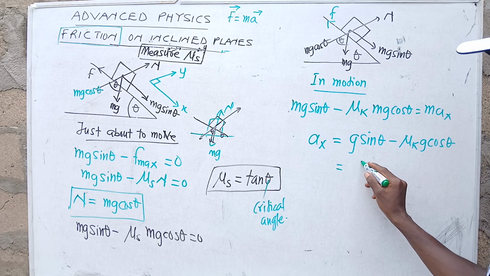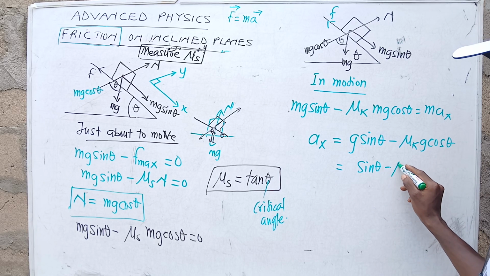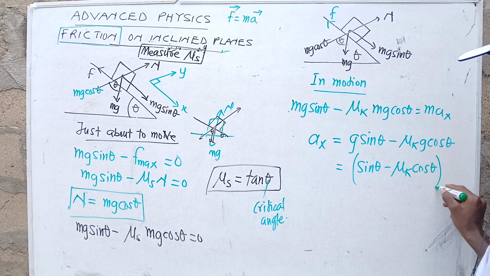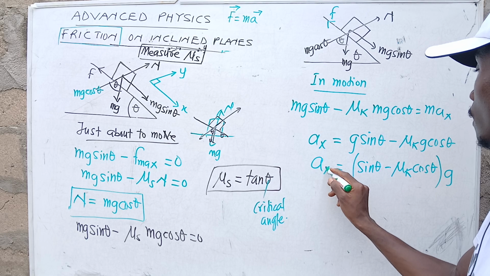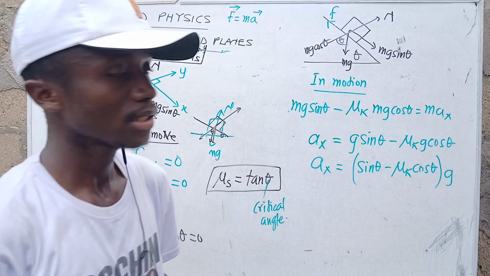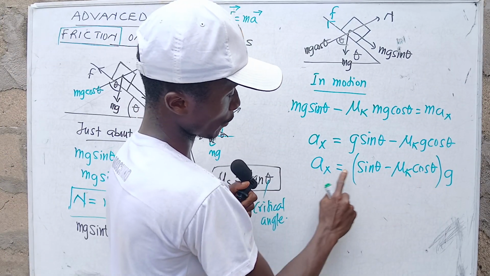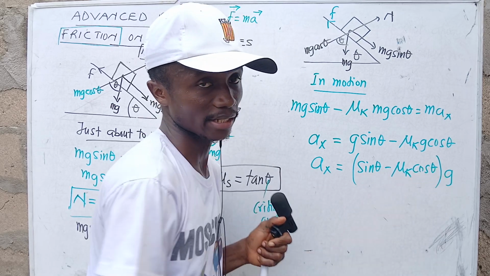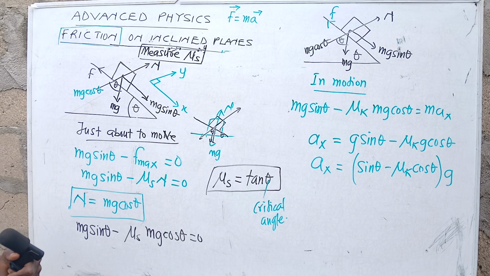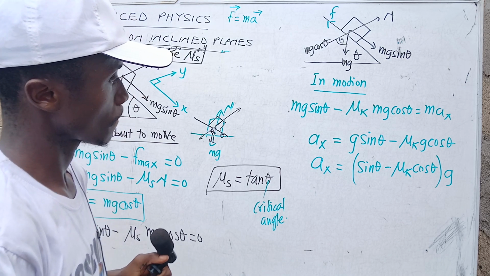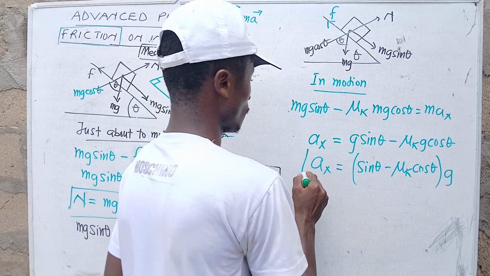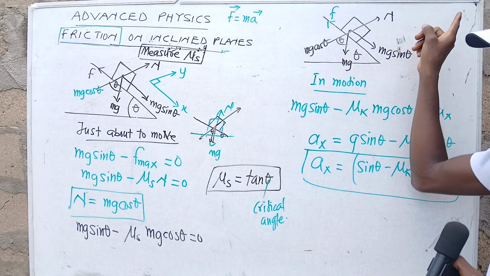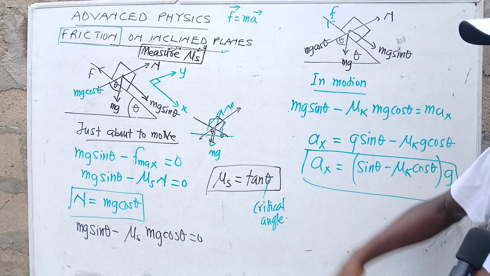So that will be equal to sine theta minus mu k cos theta, all times g. So as you can see, if the frictional component is 0, then the acceleration will just be g sine theta. The y direction is not interesting because there is no motion in the y direction.